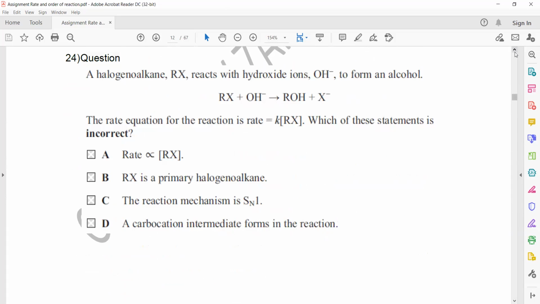24. A halogenoalkane is reacting and the rate equation involves only the halogenoalkane. Which of these statements is incorrect? The rate only involves the halogenoalkane. It should be B. Yeah, because it should be tertiary, it cannot be primary.